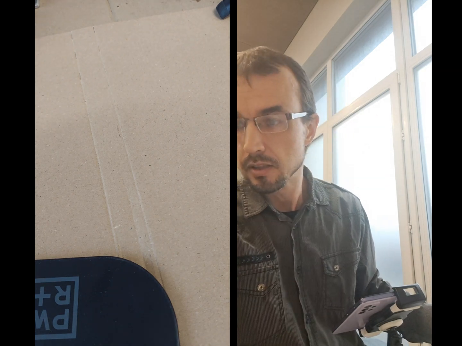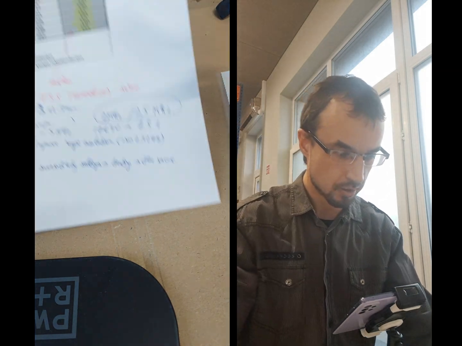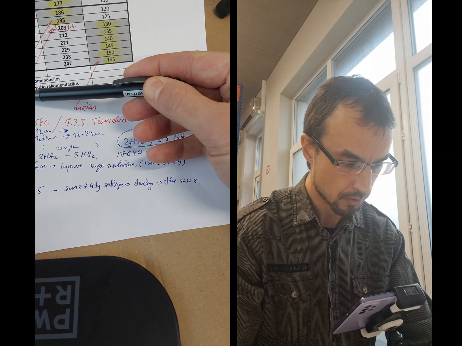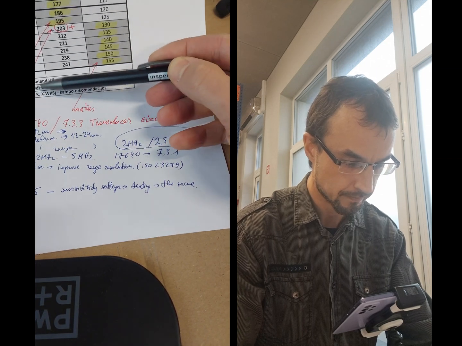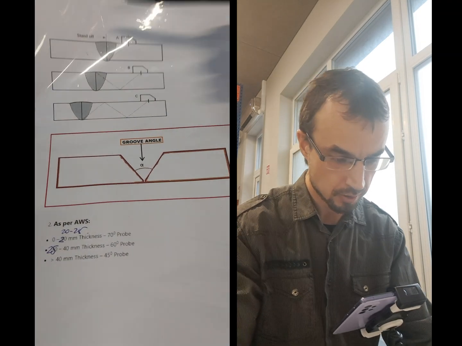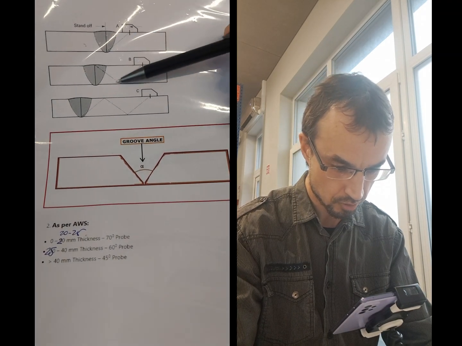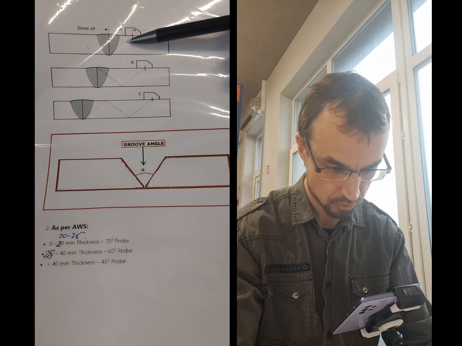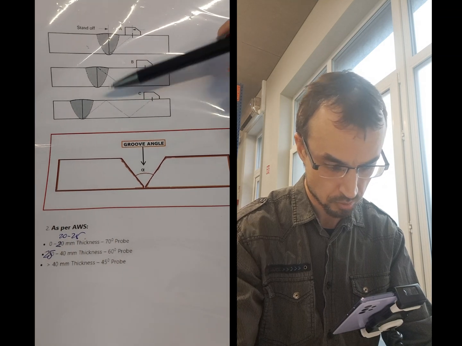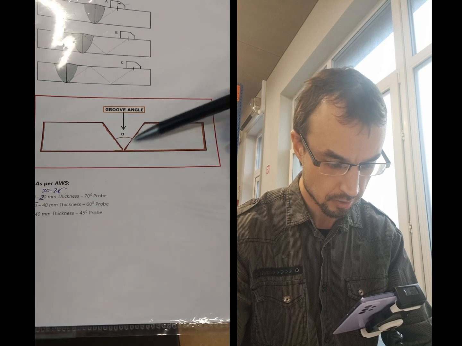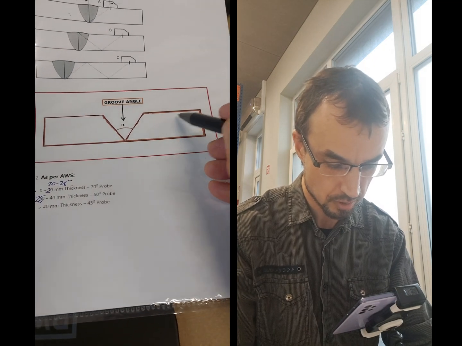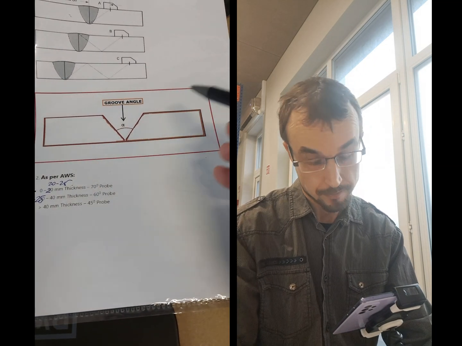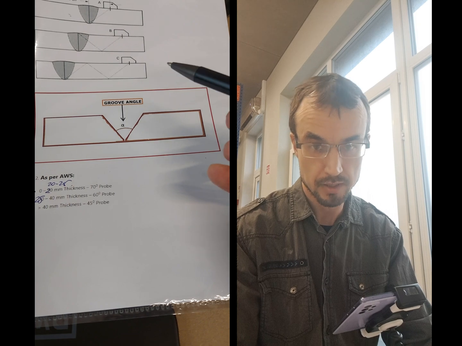What I have also is the geometry of the weld. So the logic is like this, and you have to check all the weld up and down. So you use one leg, two legs, and the angle is important because you need to check the better angle to have.